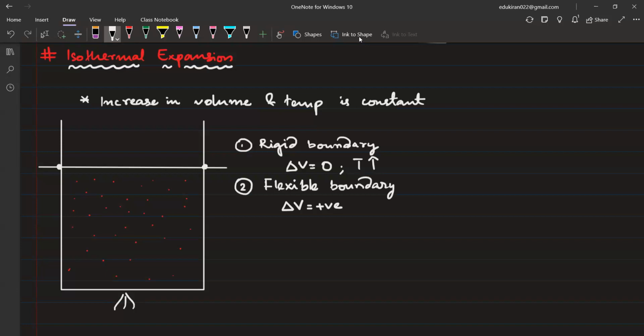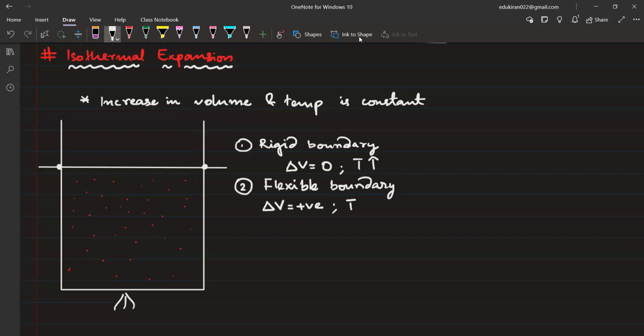Let us suppose whatever energy I am giving is used to increase the volume. Then in that case, will there be any change in temperature?